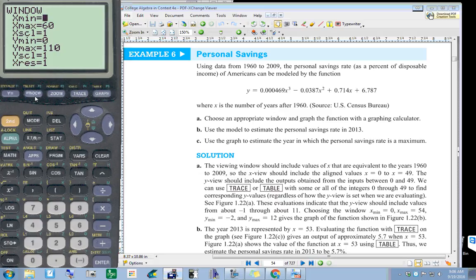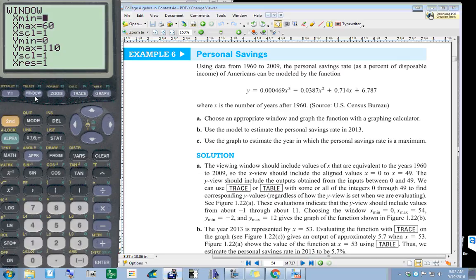Let's see. X max, I could leave that at 110 because I want to see if it ever gets up to 100% savings. But now, let's think about this for a second. Are we ever going to see 100% savings? In other words, everything that you make, you're saving, not spending a dime. Is that going to happen? Probably not. So I want to make a guesstimation here.